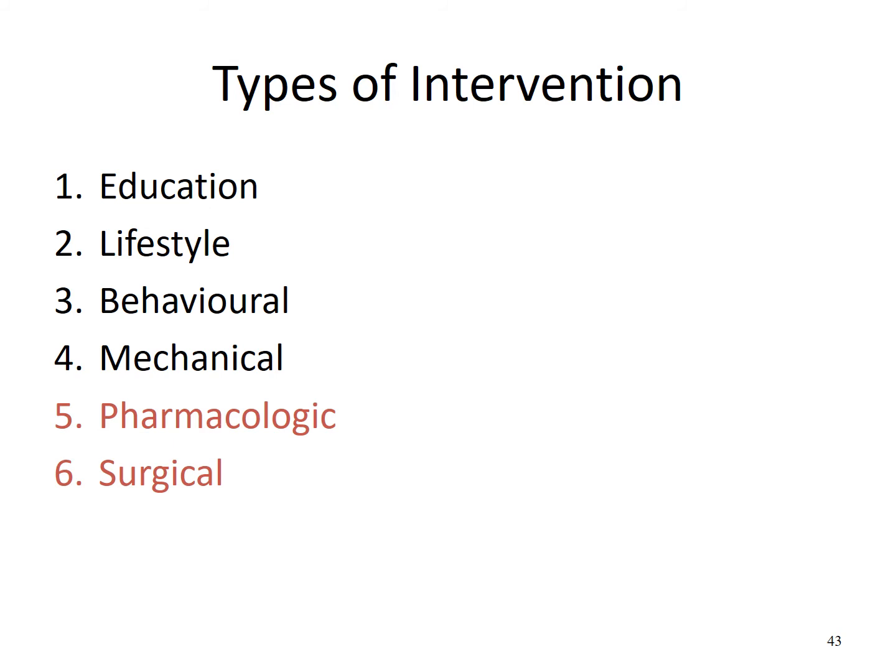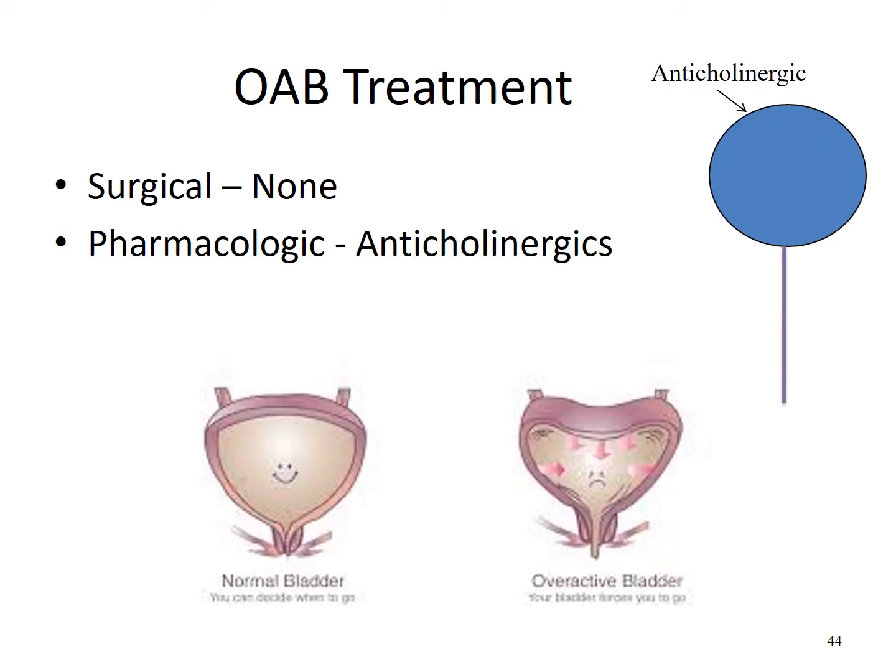So we make sure we've addressed all those potential interventions before we start drug therapy. And then surgery in some cases is appropriate but is a final option. I'll discuss surgical and pharmacologic treatment for each main type of lower urinary tract symptoms.